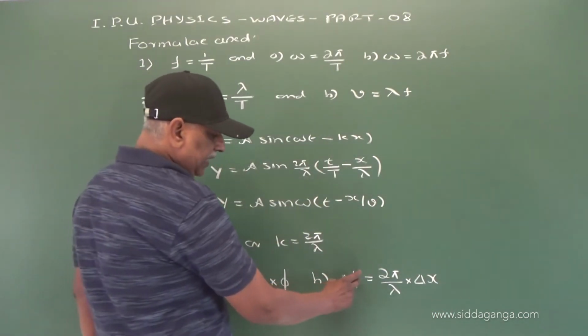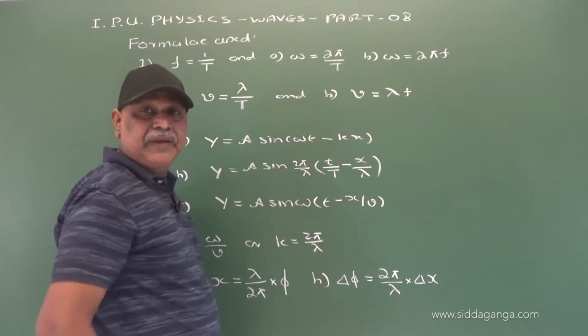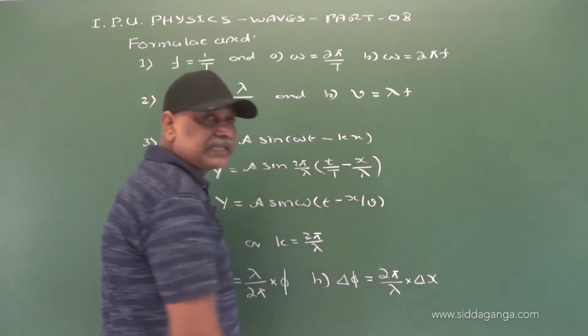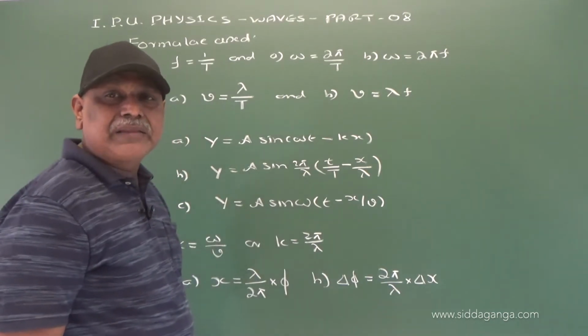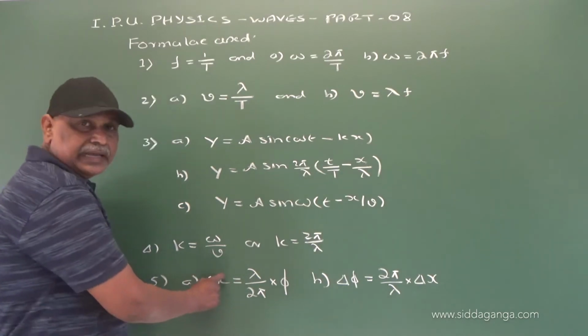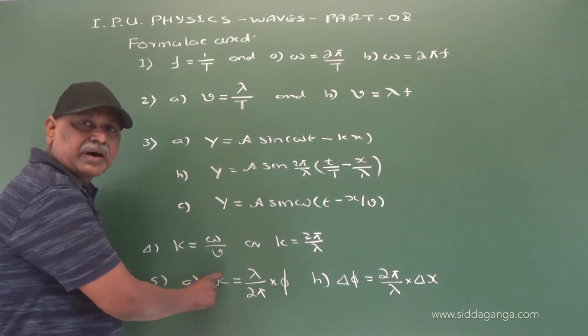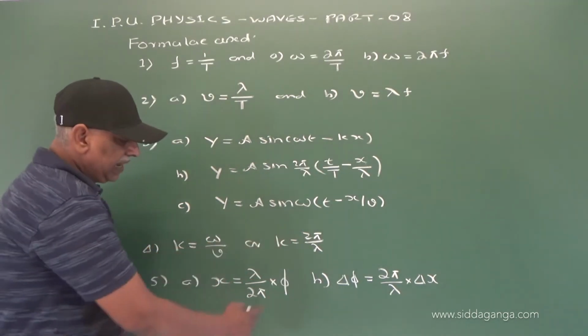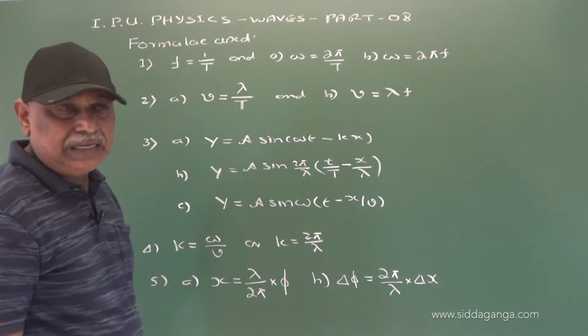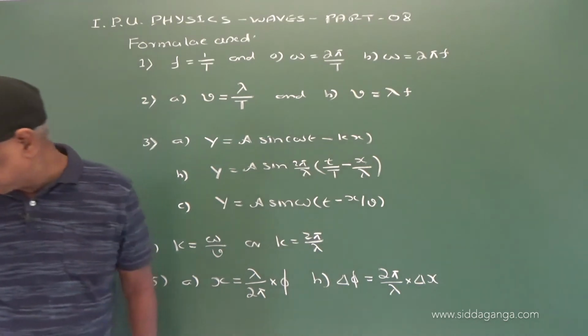Here delta phi is the phase difference between two vibrating particles, delta x is the path difference between the particles, x is the distance of the particle from the origin and phi is the phase of the particle.